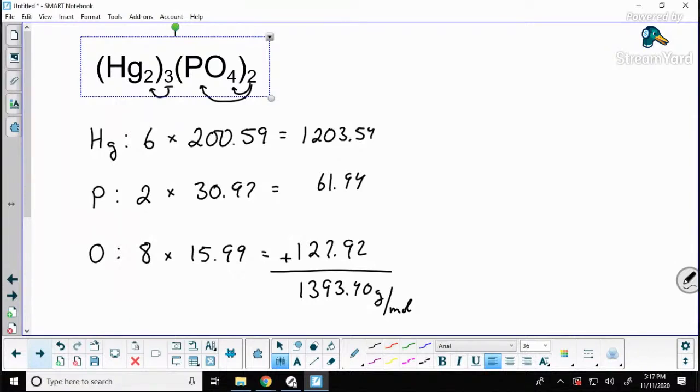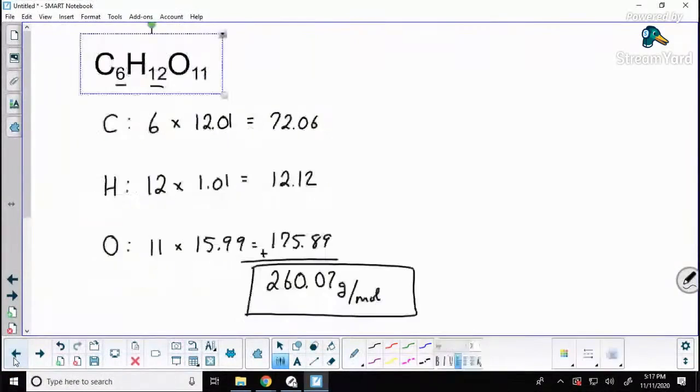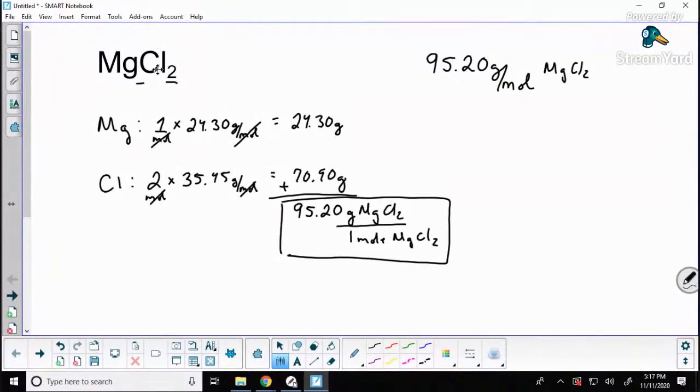Now, here's one aspect that we haven't talked about yet, but it's important that you do understand. When we calculate these molar masses, if I go all the way back to magnesium chloride, this molar mass of 95.20 grams per mole means if I go into the lab and I pour out 95.20 grams of magnesium chloride onto a balance, I would have exactly 1 mole of magnesium chloride.